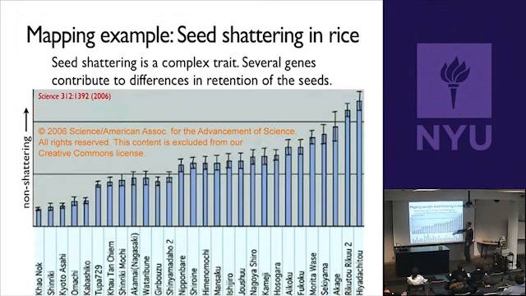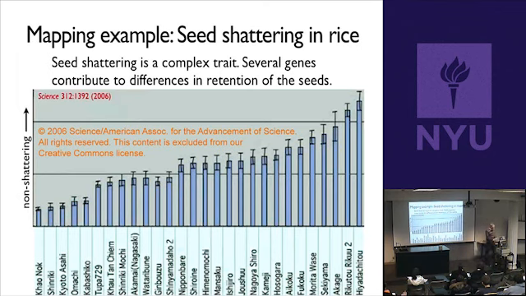As non-shattering goes up, those are the ones holding on to their seeds tighter, and as it goes down, the seeds are much looser. These are all different strains of rice planted in different places in the world, most of them in Asia, and you can see that the amount of shattering varies widely across these strains.